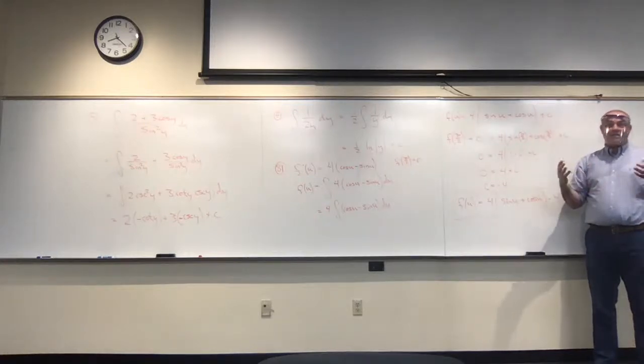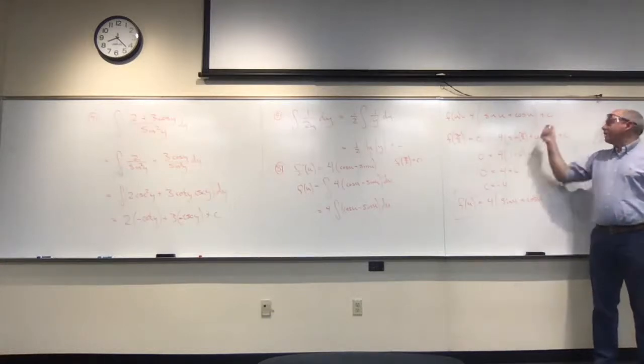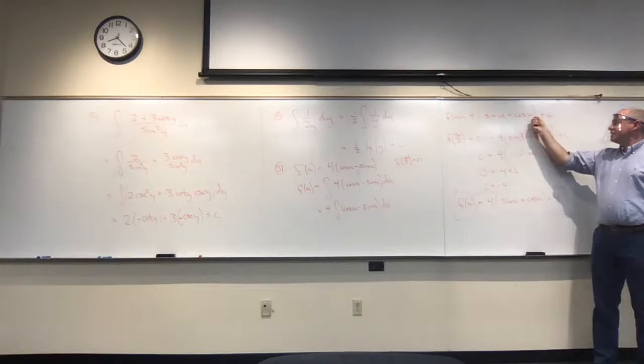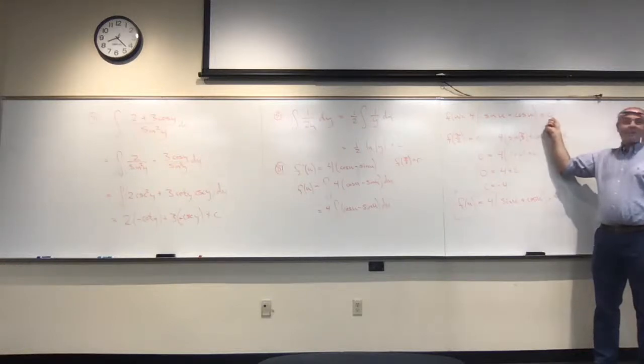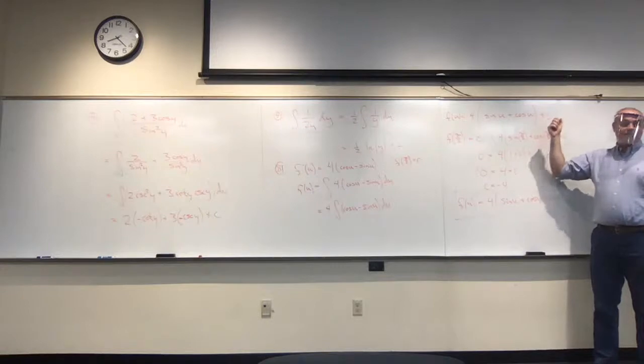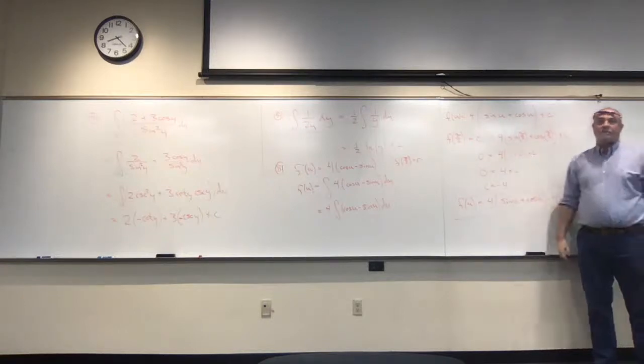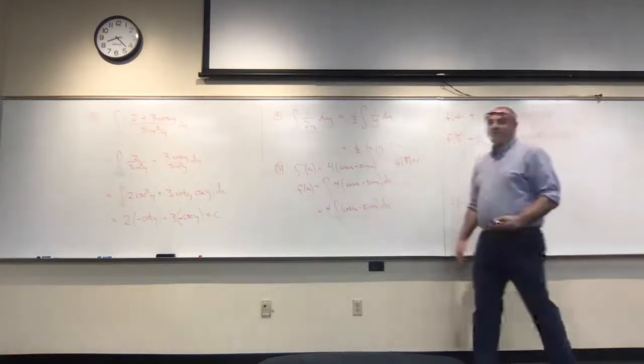A constant times a constant is just a constant. So it doesn't matter if it's sitting inside the parentheses as a plus C or outside the parentheses as a plus C. It's just plus some constant. So it doesn't really matter in this case.